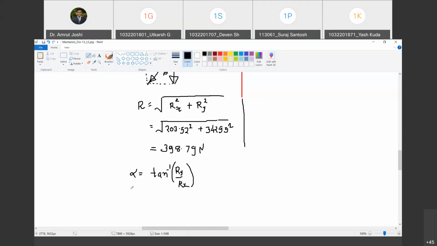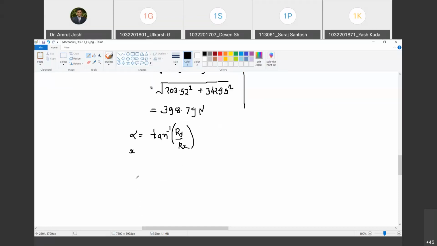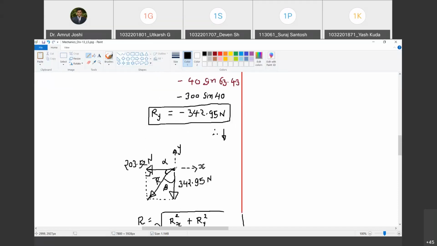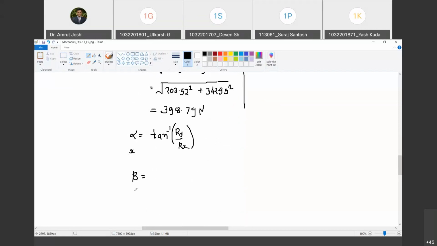So the angle made with reference to x-axis is tan inverse of Ry by Rx. The angle made with reference to y-axis, that is beta, in this right angle triangle will be tan inverse of Rx by Ry. Do you agree with me? Yes, sir. Happy? Yes, sir.